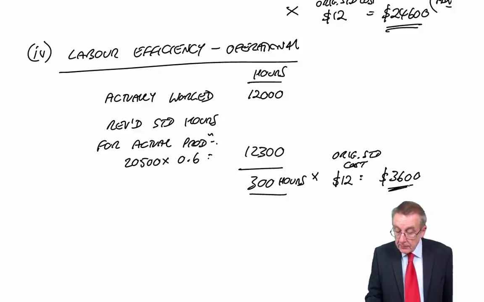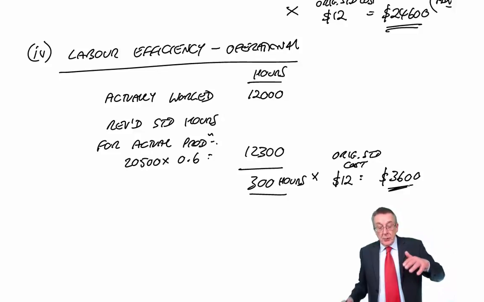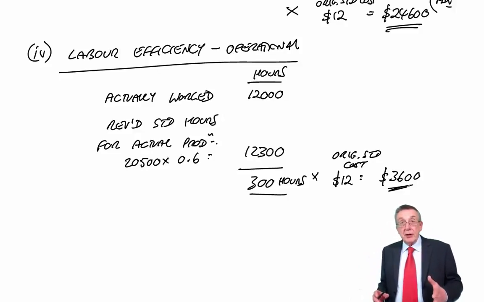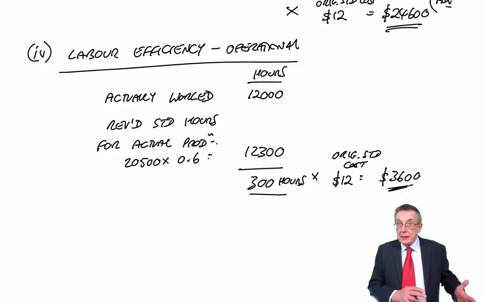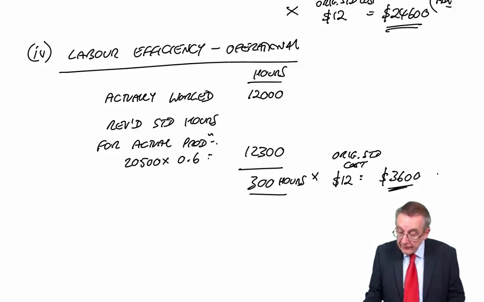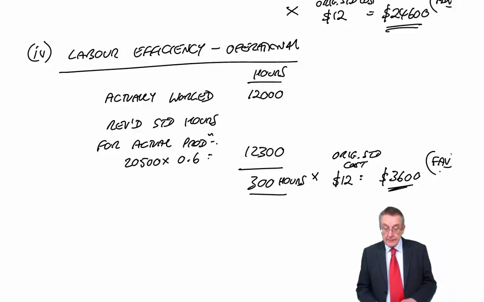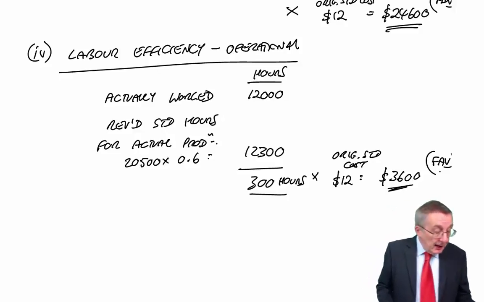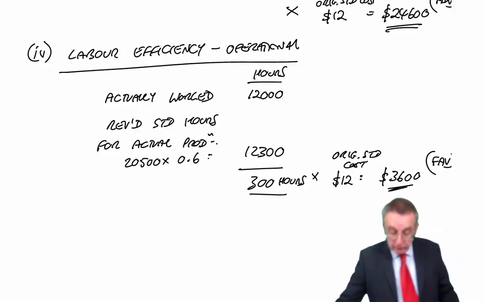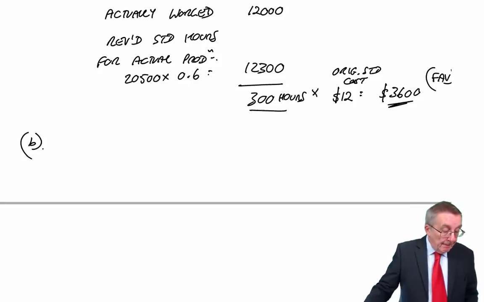I did say a moment ago, but be clear, that because we've now budgeted on working 12,300 and we only work 12,000, we've actually worked faster, it would save us money, they're more efficient. It's a favourable variance. So there we are, 8 marks for part A. What about finally part B?